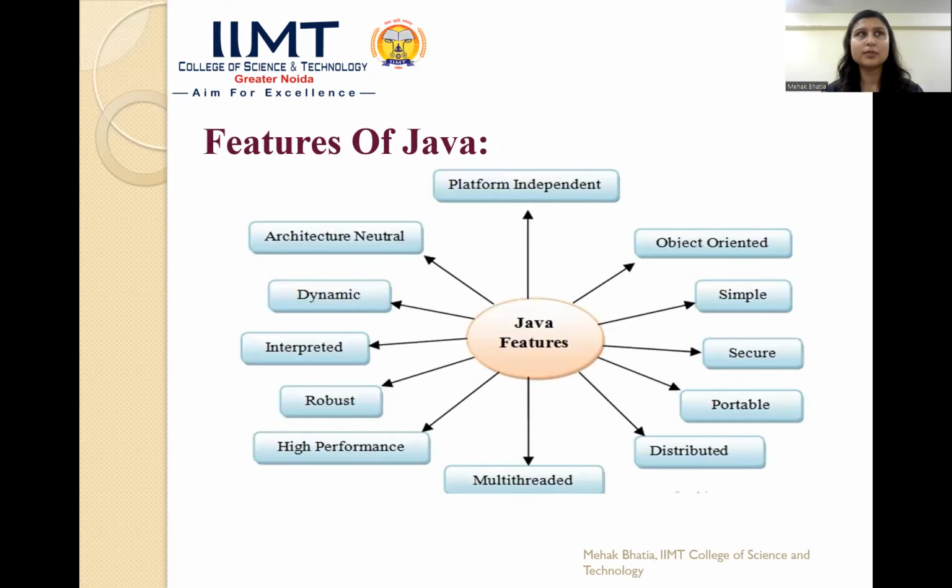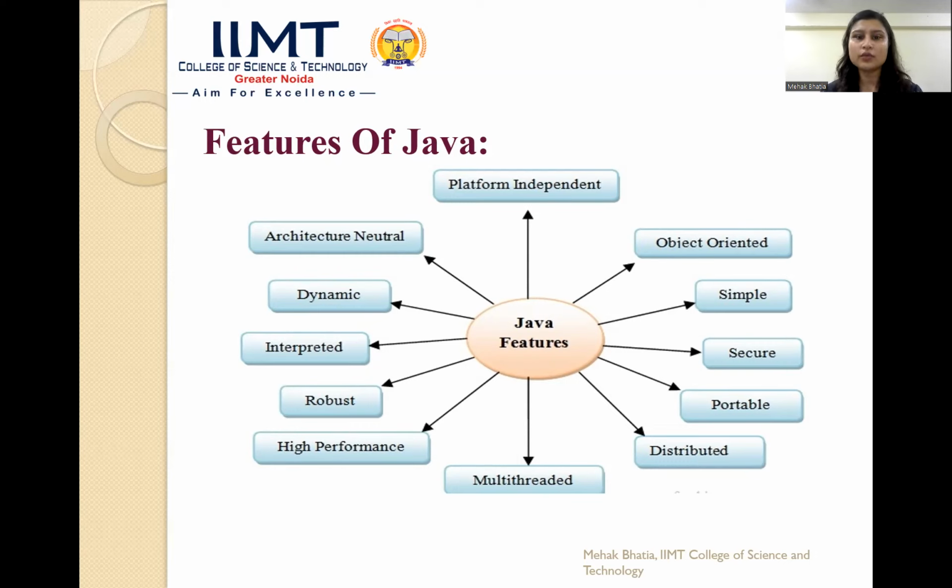Now let us move to the main topic of this session, which is features of Java programming language. We must know the features of any programming language before studying that language in detail. The features of Java are very important as they are different from other programming languages such as C or C++.